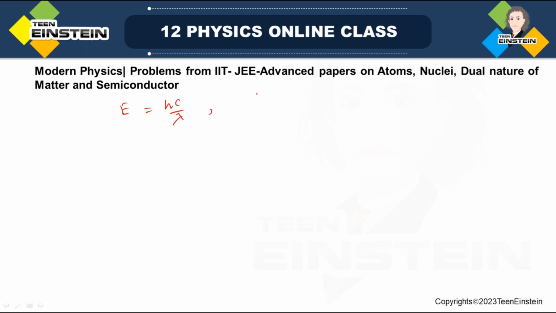And again, 1 over lambda is R Z square times 1 over n initial square minus 1 over n final square.